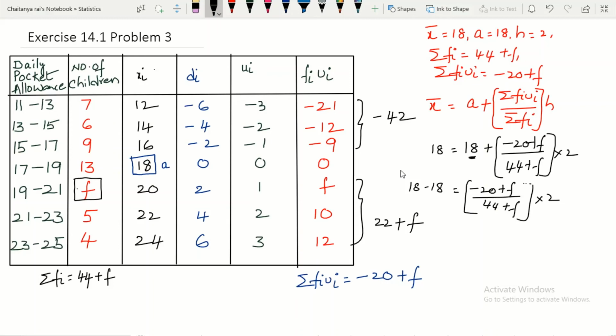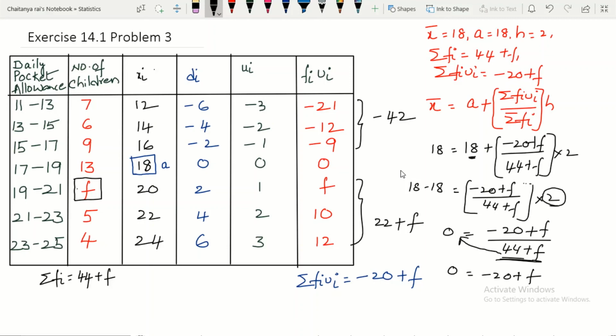This value is 0, and I transpose this 2 to the other side, which also becomes 0. On the right side we have minus 20 plus f divided by 44 plus f. Transposing this denominator, 0 times something is always 0. We are going to have minus 20 plus f on the right side.